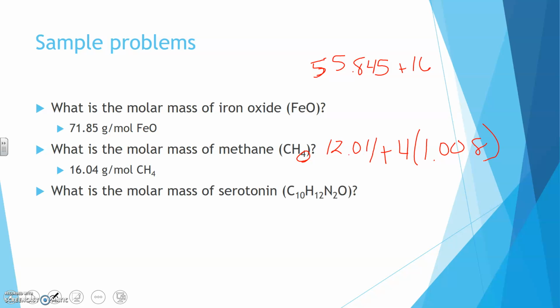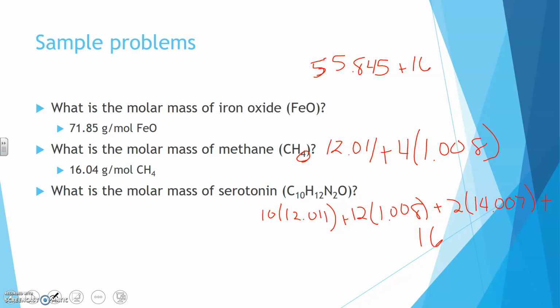What is the molar mass of serotonin? Here we have 10 carbons, so 10 times 12.011, plus your 12 hydrogens, which are each at 1.008, plus your 2 nitrogens, which is at 14.007, and your oxygen at 16.